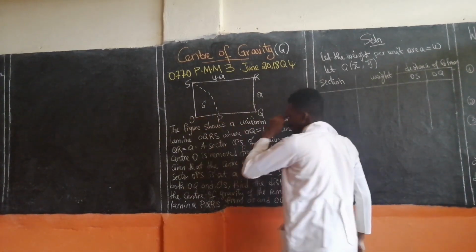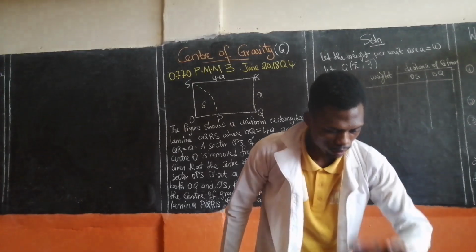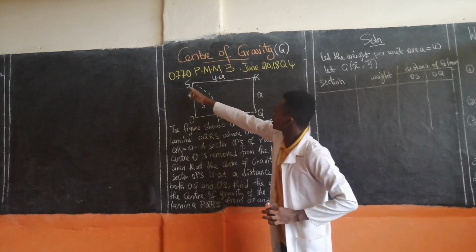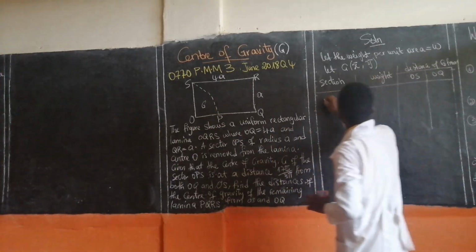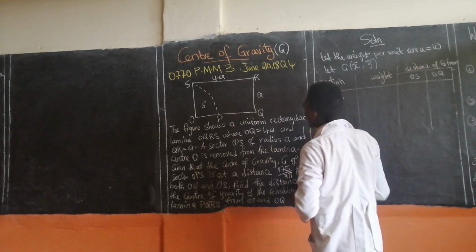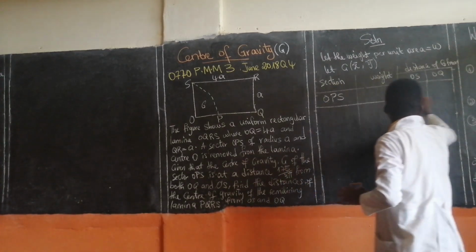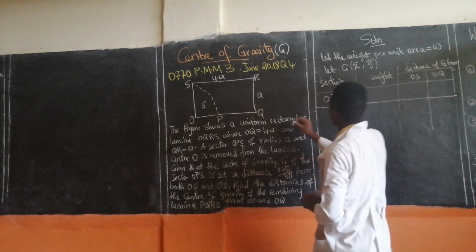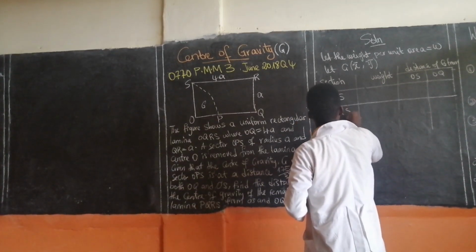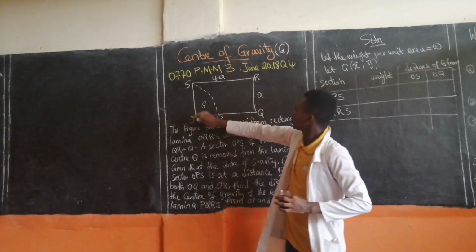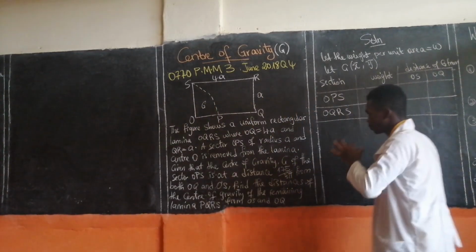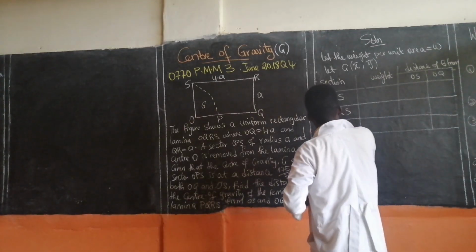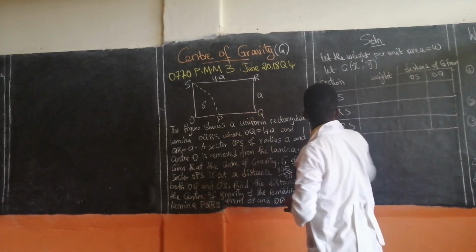The first section we consider is the sector OPS. The second is OQRS, which is the rectangle. Then PQRS, which is the remainder.